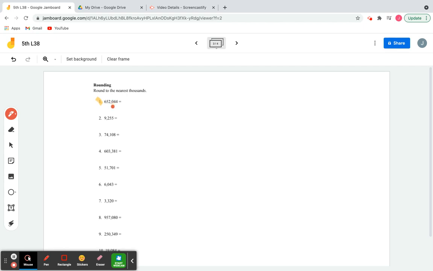So we're going to round it down. So the number on the hundreds place, tens place, and ones place, they're all going to be zeros. So it's going to be 652,000. And 2 stays the same because we rounded it down.